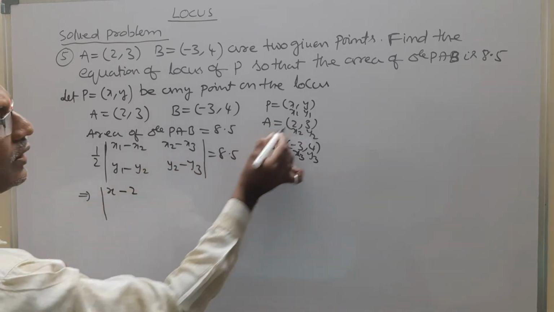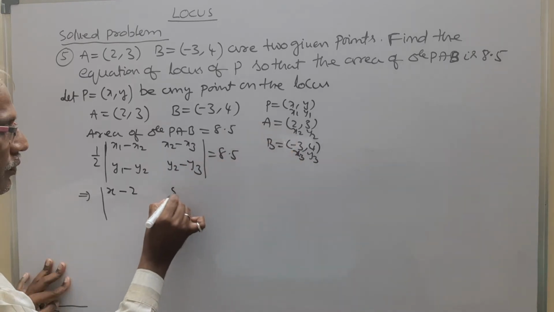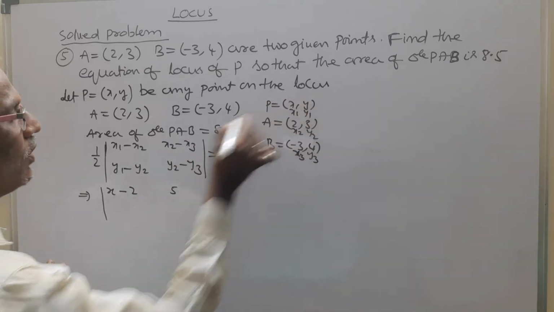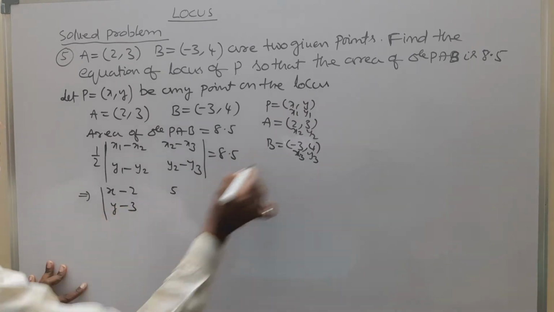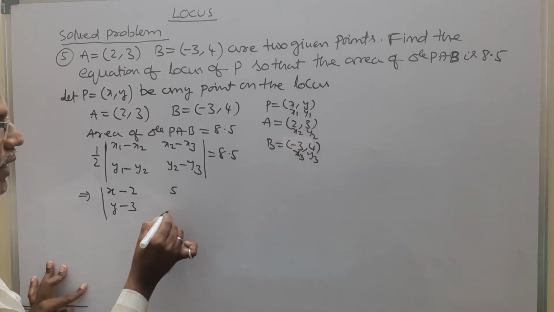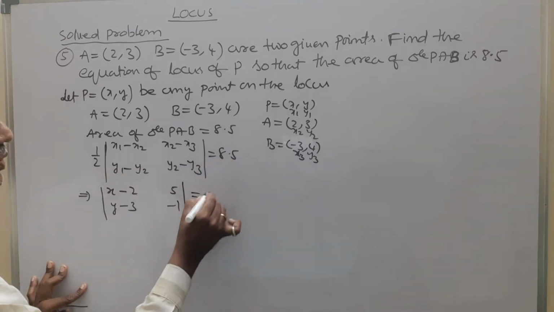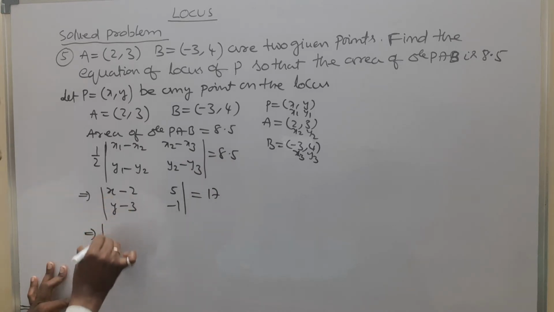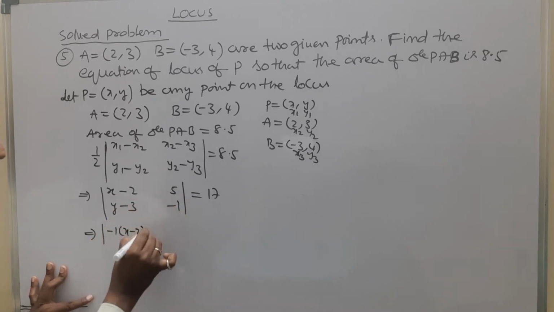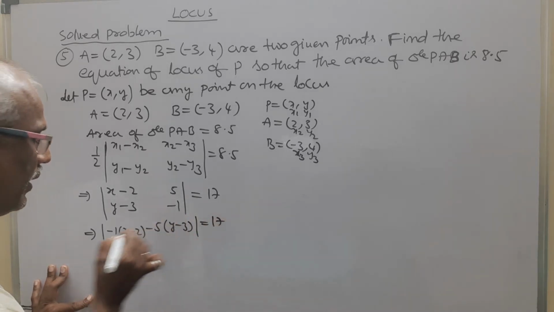Here one step directly: x2 is 2, x3 is minus 3, minus minus plus 3, 2 plus 3 is 5. y1 value is y, y2 value is 3. y2 minus y3, 3 minus 4, that is minus 1. 2 into 8.5 is 17. So (x minus 2) into minus 1, minus 1 into (x minus 2), 5 into (y minus 3) equal to 17.